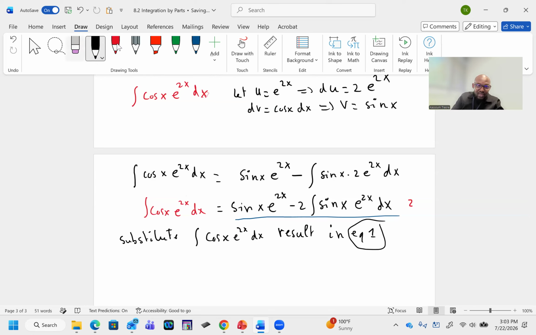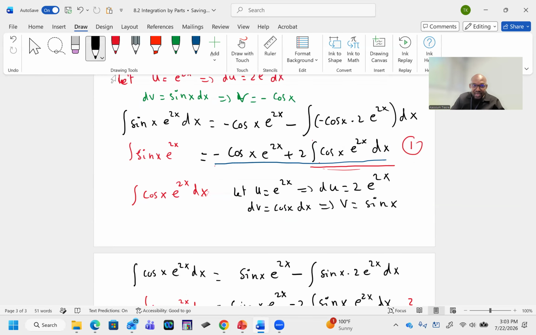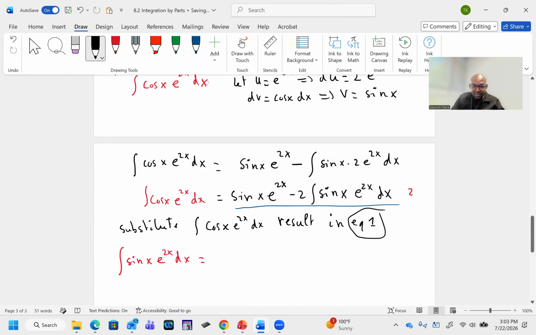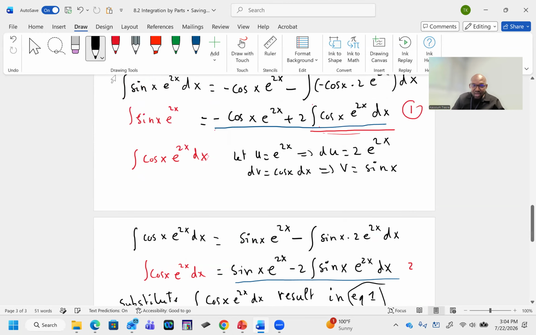So if I do that, of course, we know equation 1 is what? The integral of sine x e to the power of 2x dx, right? Which was equal to what? We already have this term, negative cosine x e to the power of 2x. Now what do we have?